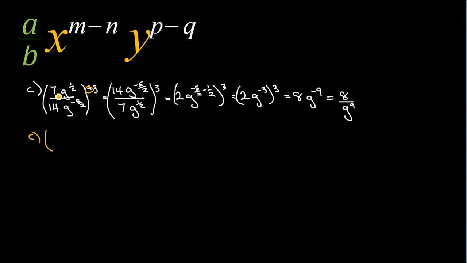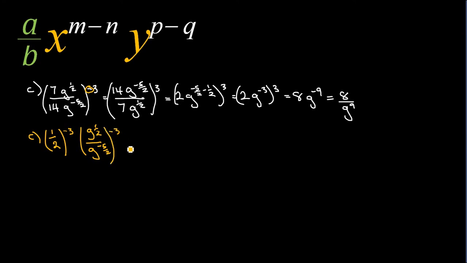So let's this time change 7 out of 14 to a half, and raise that to the minus 3, and deal with these g variables separately. So we've got g to the half over g to the minus 5 halves, and all to the minus 3.